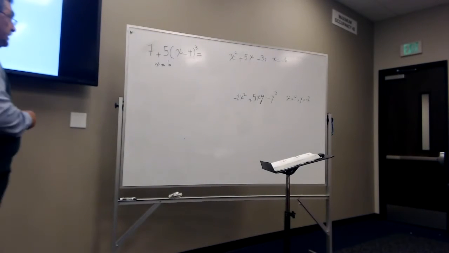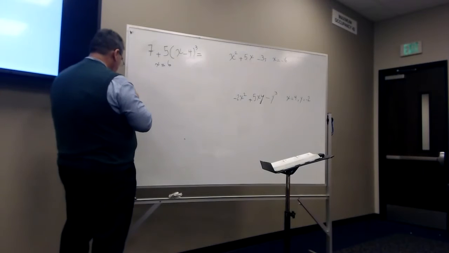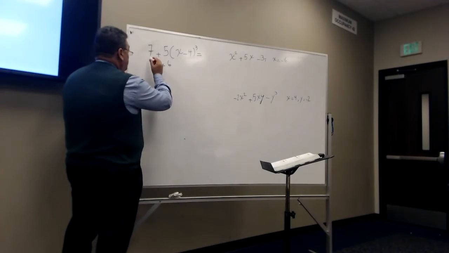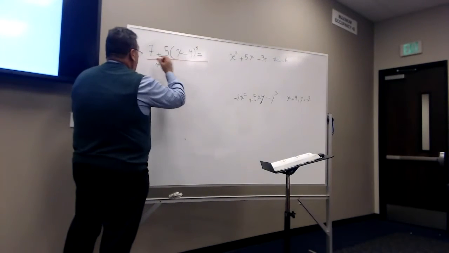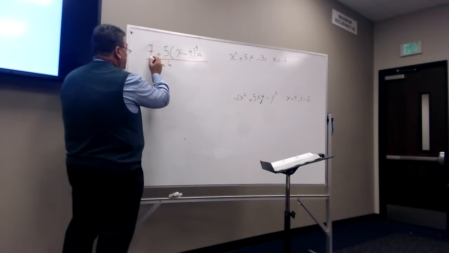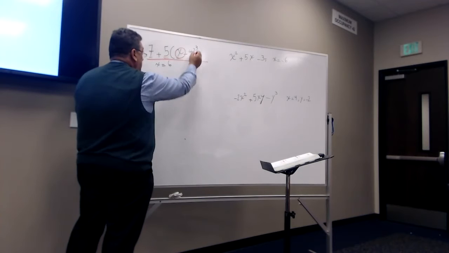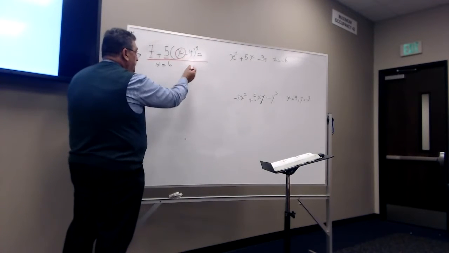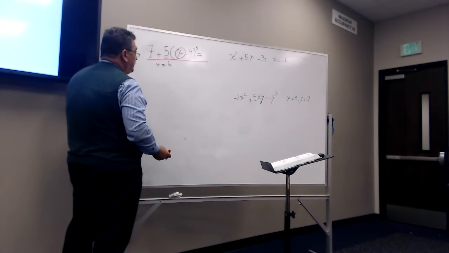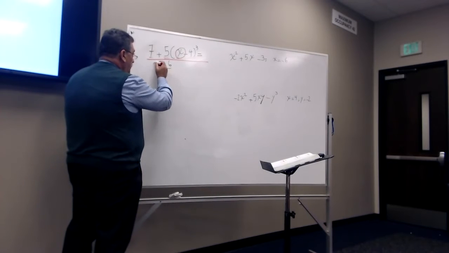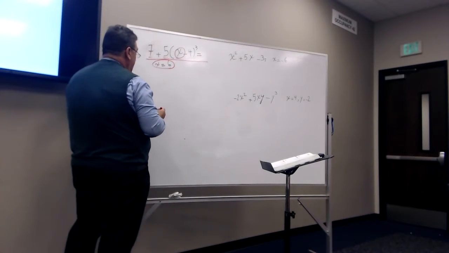All right, you guys tell me. You have this. This is an algebraic equation. Constant 7, constant 1, and a variable. We want to evaluate this algebraic expression for x equal to 6.